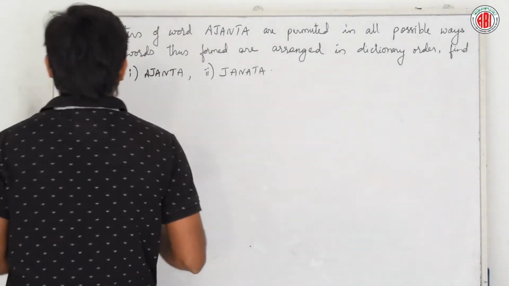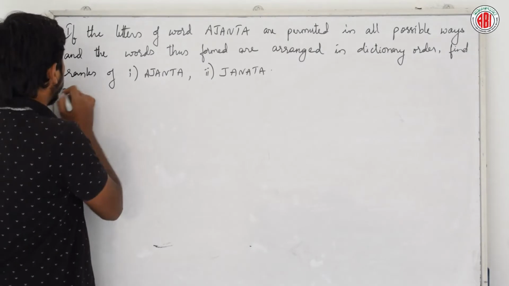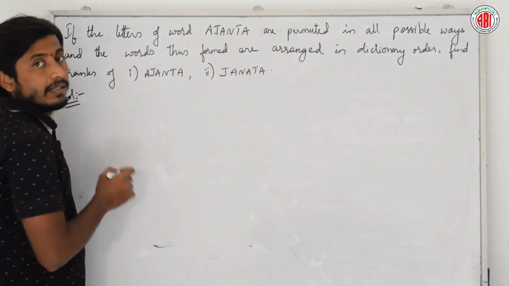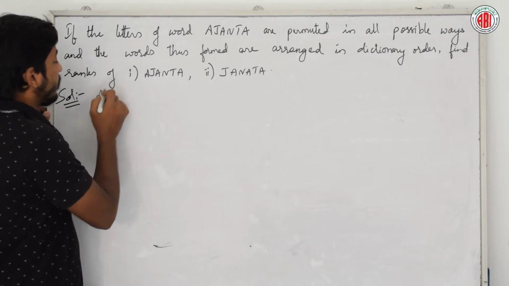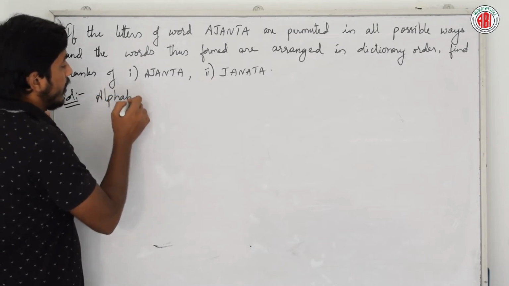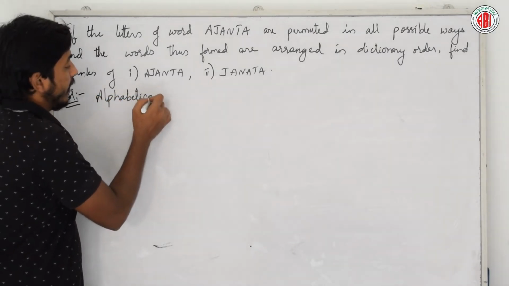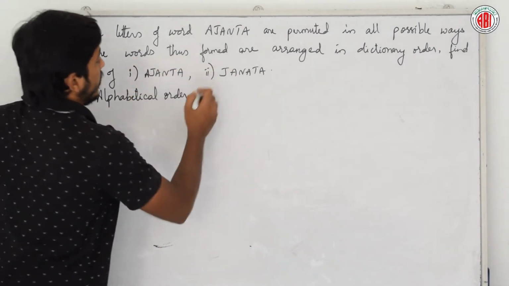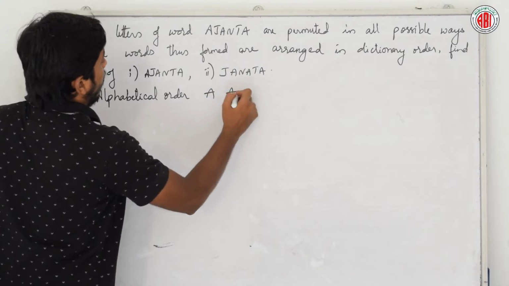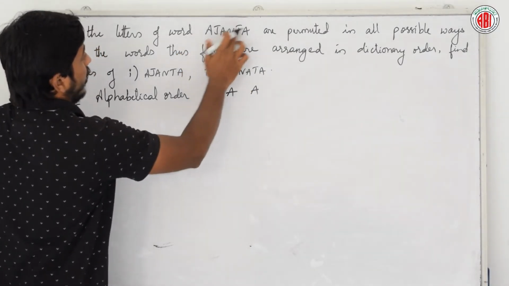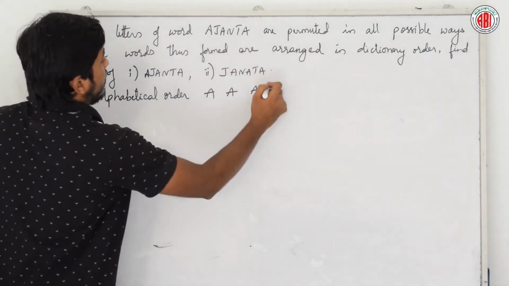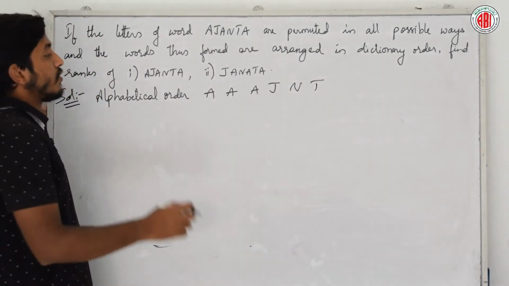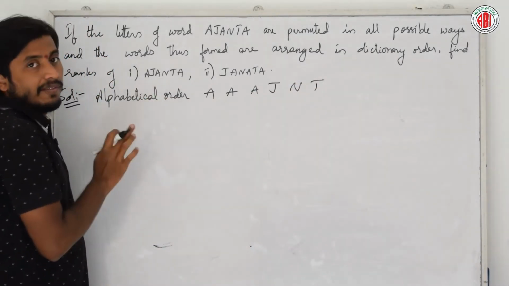First, what is the alphabetical order? A, J, N, T. This is the alphabetical order.